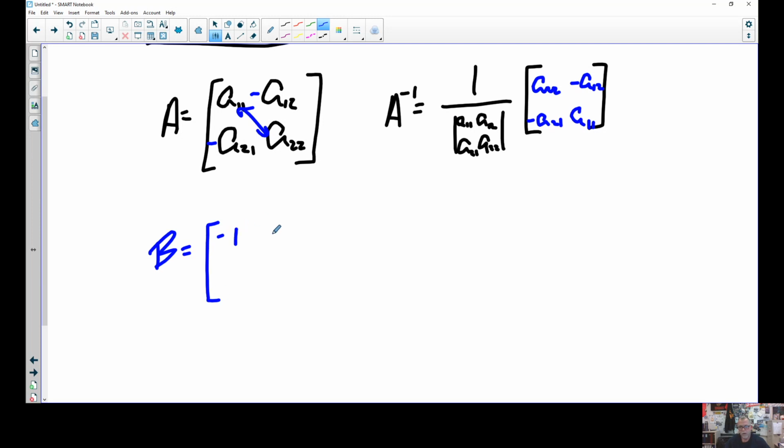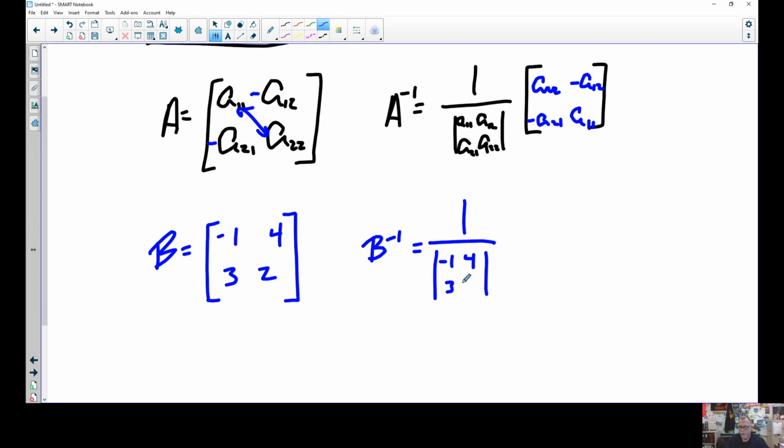If I say -1, 4, 3, 2. This is our matrix, and I want to find B inverse. Well, B inverse is going to be 1 over the determinant of -1, 4, 3, 2 times the matrix we get by switching these two and taking the opposite of these two.